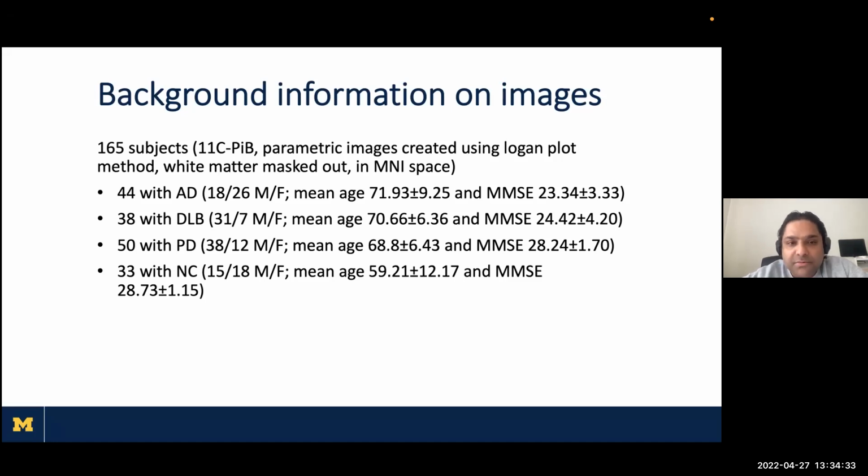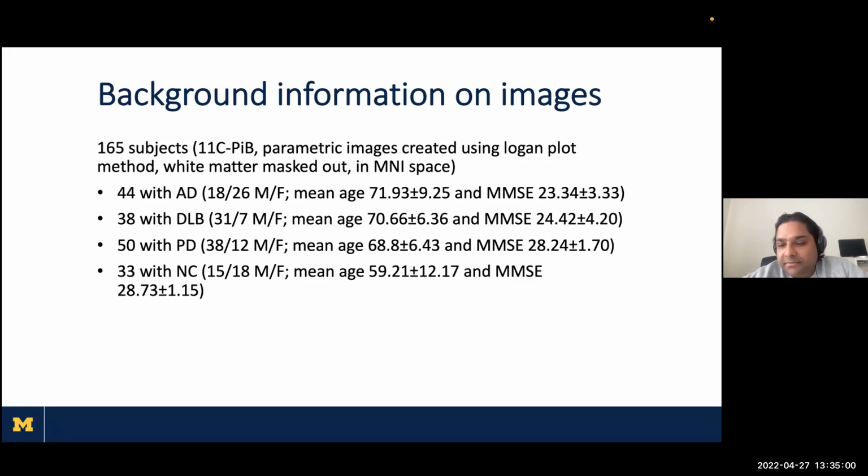The first one we'll look at is the amyloid image of 165 subjects. It's a parametric image created using Logan plot methods. Here we use the cerebellum gray matter as a reference region, and we take the white matter out of those images because, as we know, amyloid binding in white matter is very, very high.